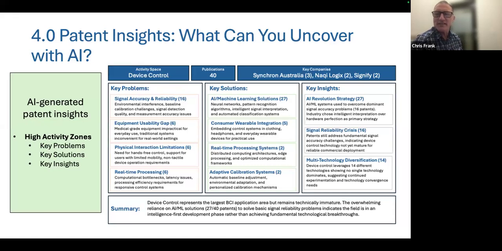The AI revolution strategy. AI and machine learning systems are being used to overcome dominant signal accuracy problems. Now, AI said this. This is great. This tells you how good the AI is at catching these insights. The industry chose intelligent interpretation over hardware perfection as a primary strategy.